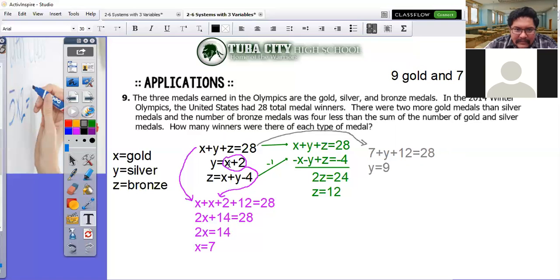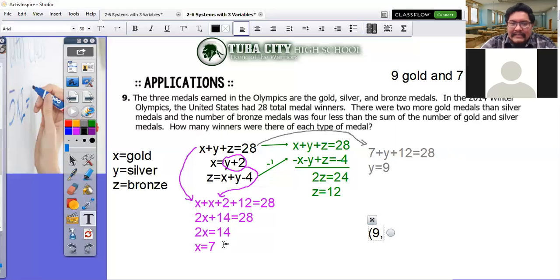I think what happened is when setting it up, I changed this. I didn't change it. There were 2 more gold. So if you take the number of silver and you add 2, that should be the number of gold. Now that shouldn't really affect anything. I just lucked out here that I made a mistake and it still worked out.